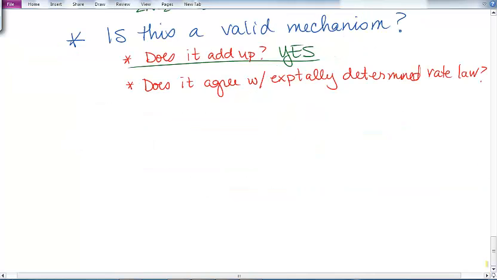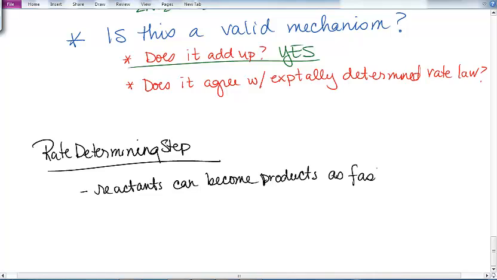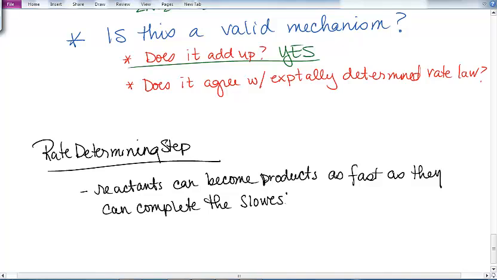First of all, we need to know what rate determining step means. The rate determining step essentially is a result of the fact that reactants can become products only as fast as they can complete the slowest elementary step.